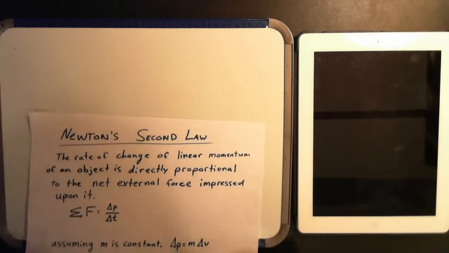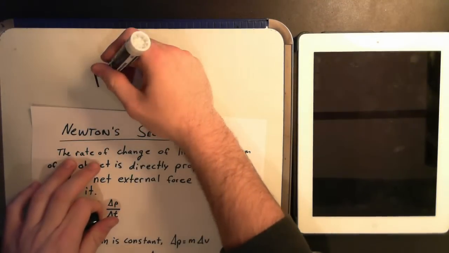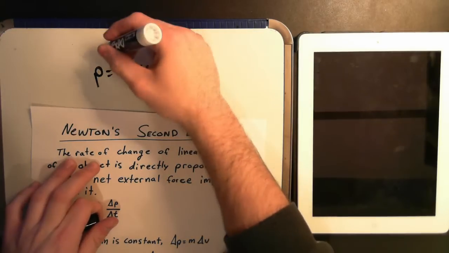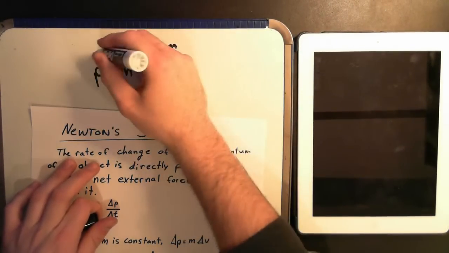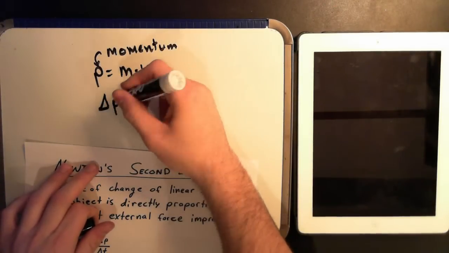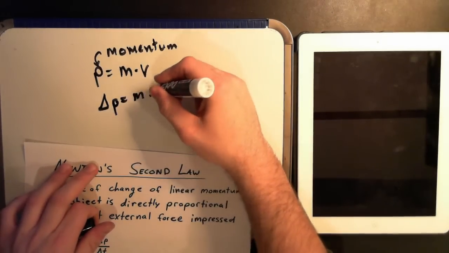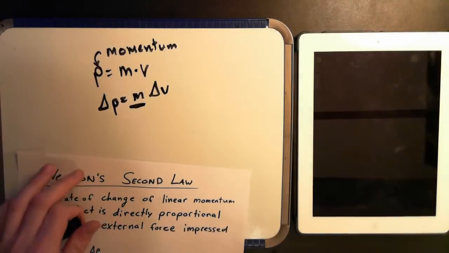And so the one different thing we're doing today is, since momentum equals mass times velocity, that's momentum, and yesterday, the change in momentum was mass times delta v, the change in velocity, because we were assuming mass was constant.